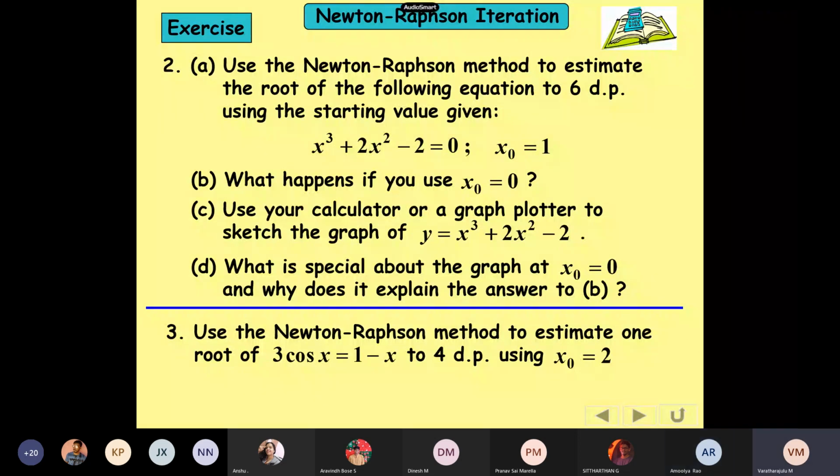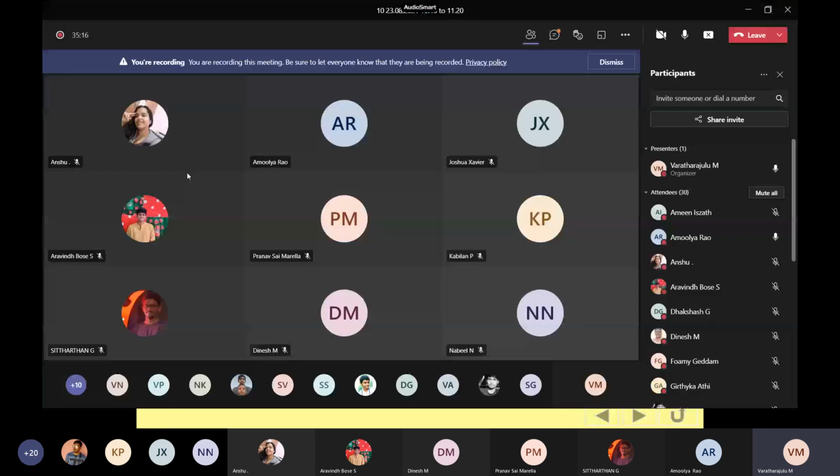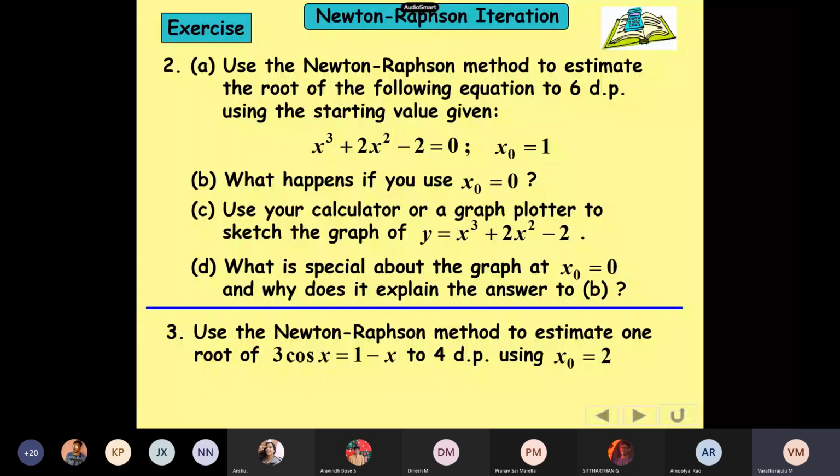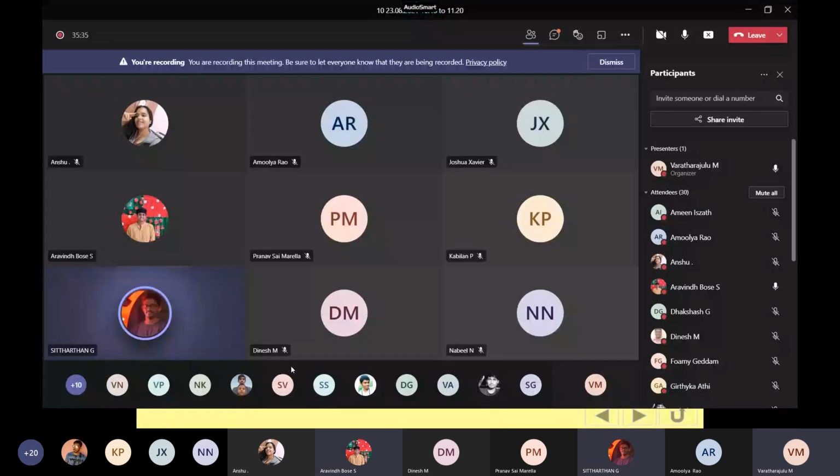So think about it and come up with these answers, that is A, B, C, D, and please try to solve problem number 3. The denominator is 0, right? What happens if the denominator is 0?